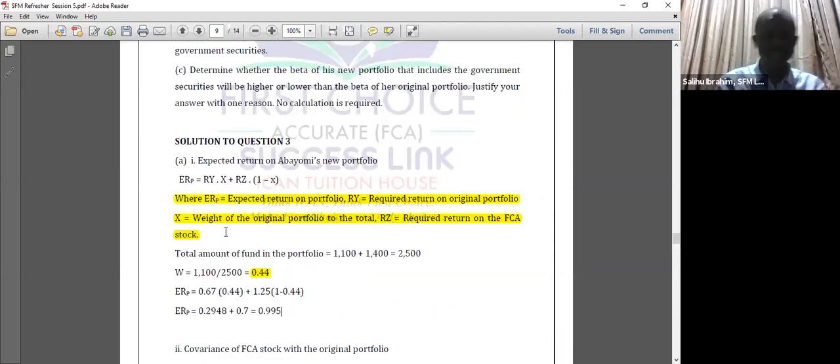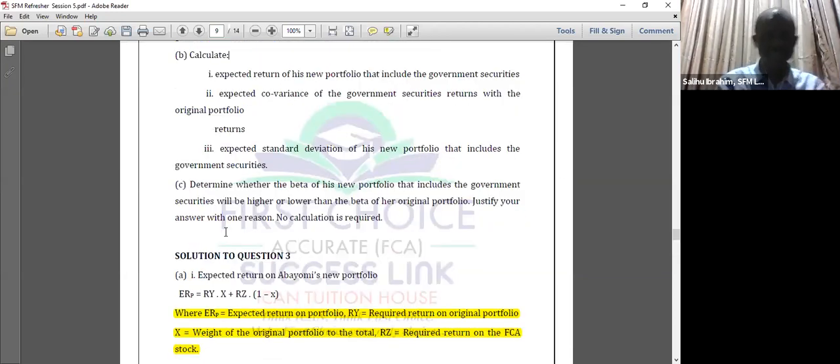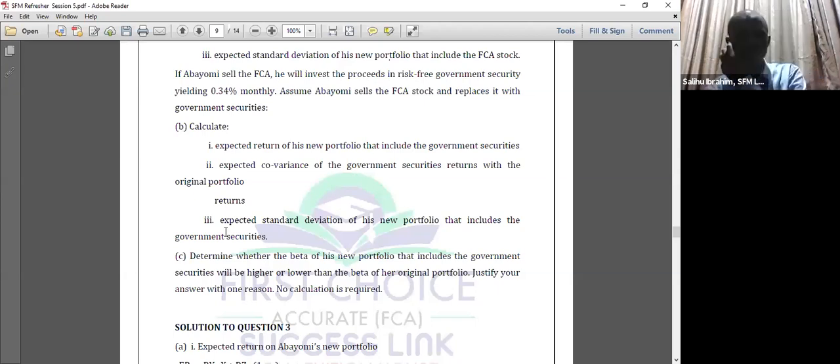Then let's come to C. C says, if Abayomi takes the standard deviation of his new portfolio that includes the FCA stock. Now look at what the question asks us to compute: the standard deviation of the portfolio.